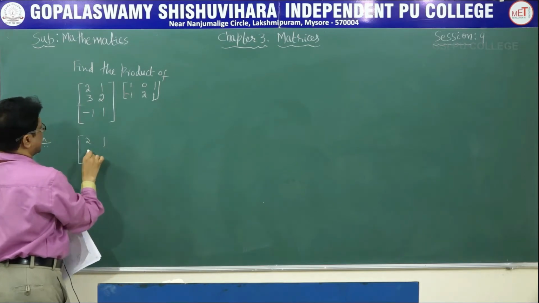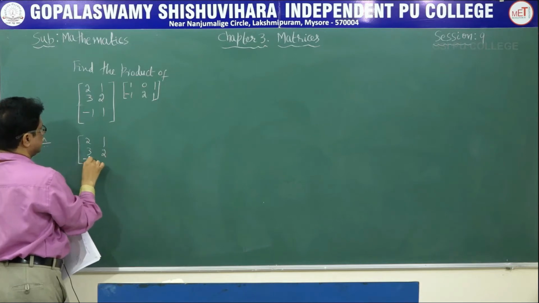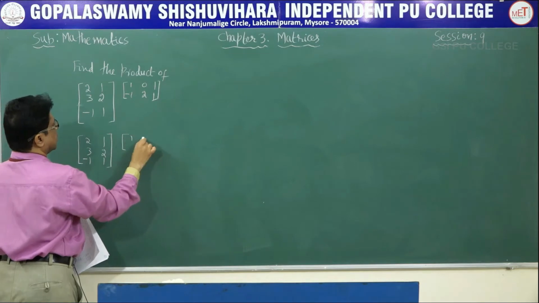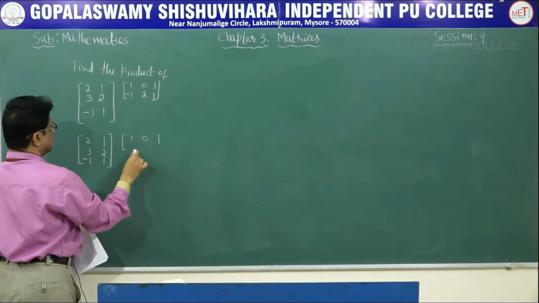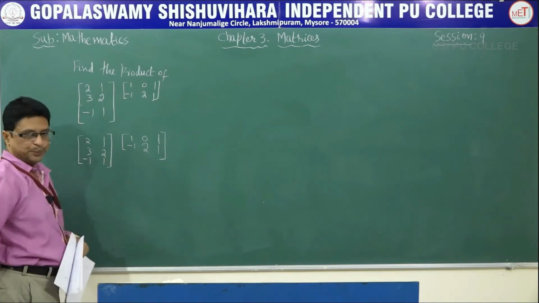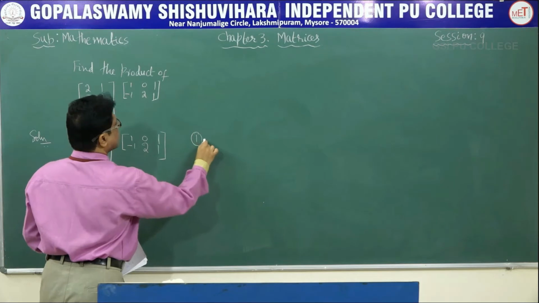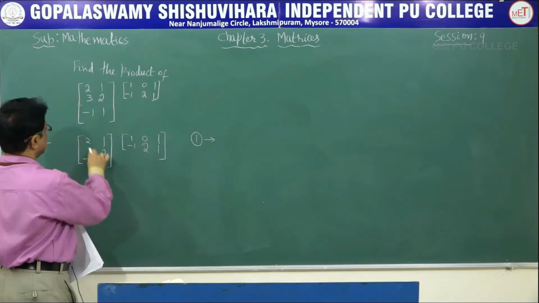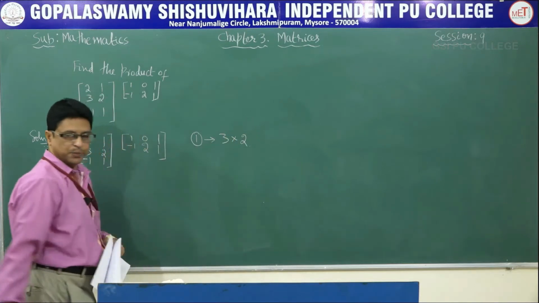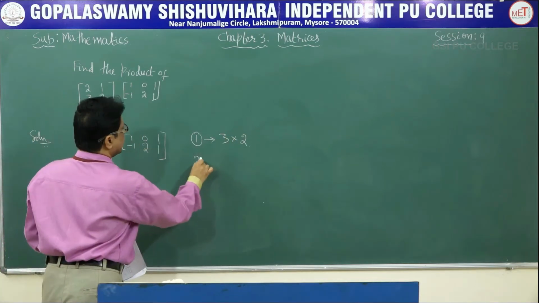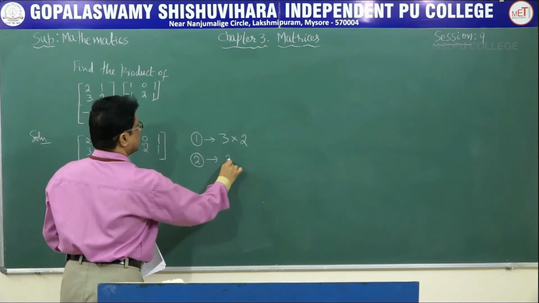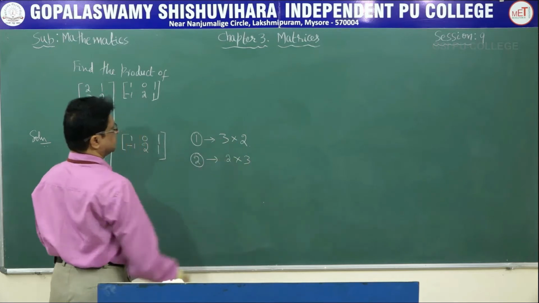So the first matrix is of the order 3 cross 2 and the second matrix is of the order 2 into 3.